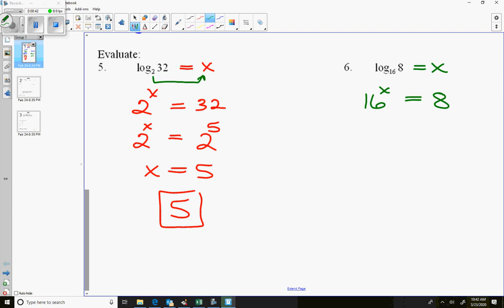Now this time, we cannot write 16 with the base of 8. Again, just like we did with our exponential equations, we can change both of them to a base of 2. So rewrite 16 as 2 to the 4th power, still to the power of x. Rewrite 8 as 2 cubed.